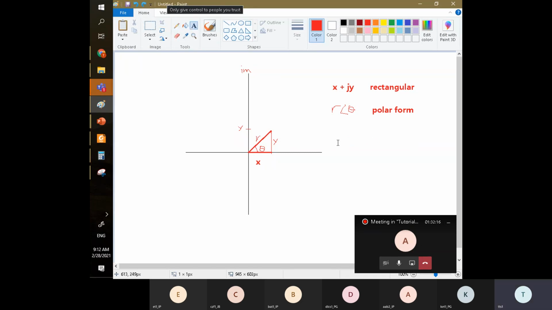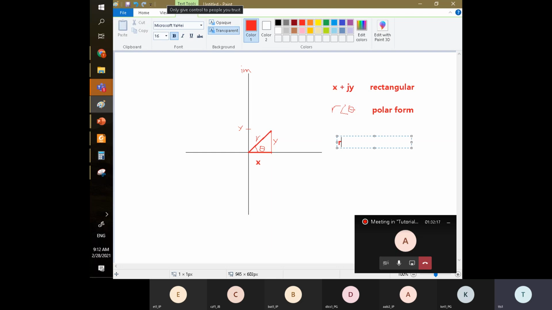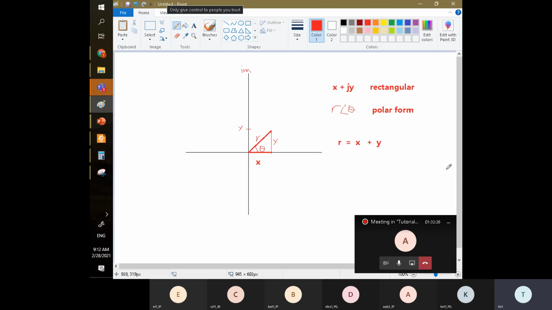Without the pen, it's very painful right now. If you take this square and then the square root, you can find the R. This is called the polar form.